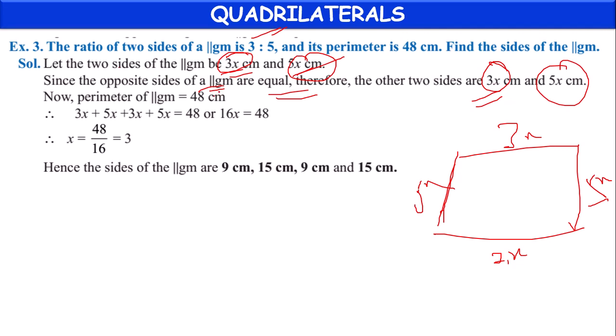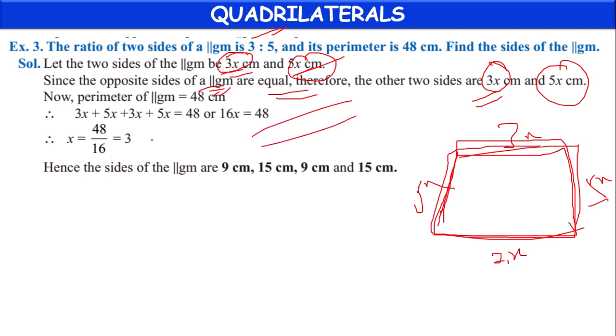But perimeter, the sum of the lengths of all sides, is 48 centimeters. Means 3x plus 5x plus 3x plus 5x equal to 48. 16x equal to 48. x equal to 3. So the sides are 3 into 3, 9, 5 into 3, 15. The other two also 9 centimeters, 15 centimeters.